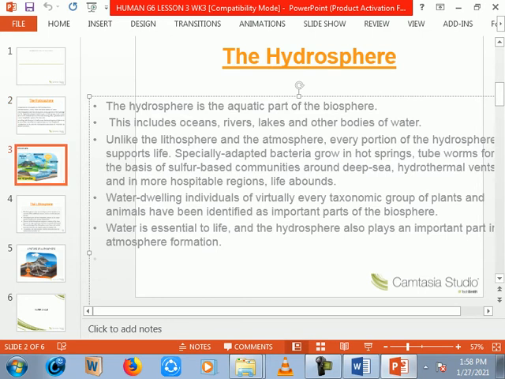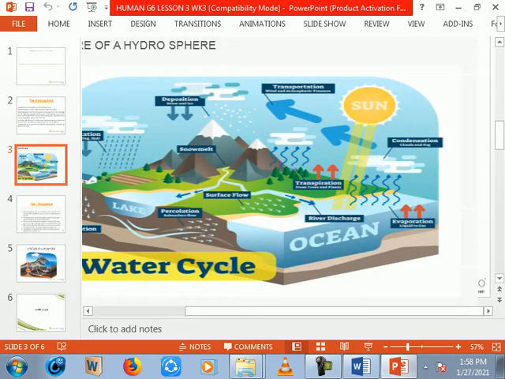Okay, so let us look at the picture of the hydrosphere. This is how it looks. You can see here the deposition of water, transportation, and here we have the sun, the condensation, evaporation.